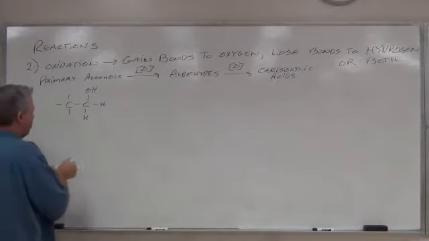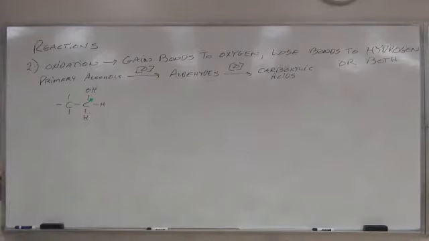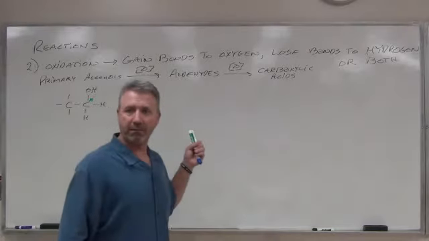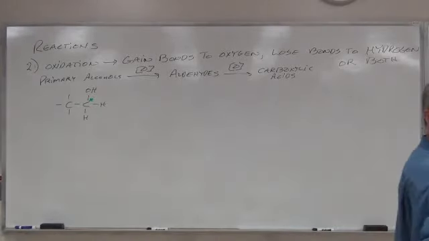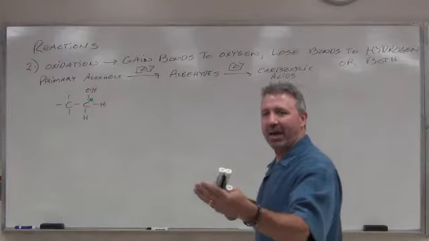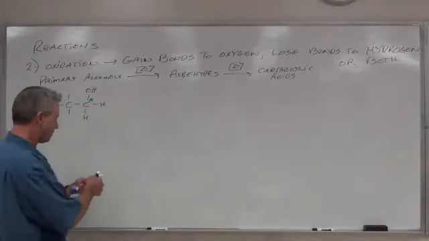I'm going to put a star on my carbon that contains my OH group. Everybody agree that this is a primary alcohol? Terminal alcohols, by the way, where you have the OH group on a terminal carbon, the first carbon, are going to be primary. Secondary alcohols have to be interior, because they have to have carbons on both sides.